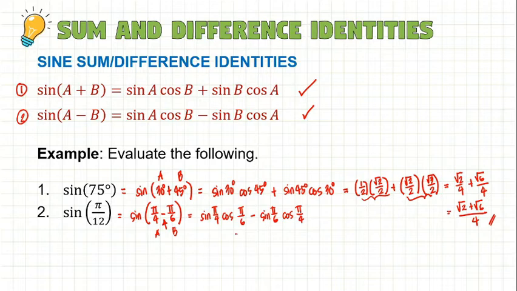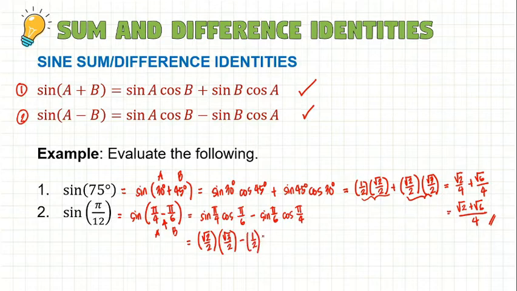From that, sine pi over 4 is just square root of 2 over 2, and cosine of pi over 6 is square root of 3 over 2, minus sine pi over 6, which is just 1 half.